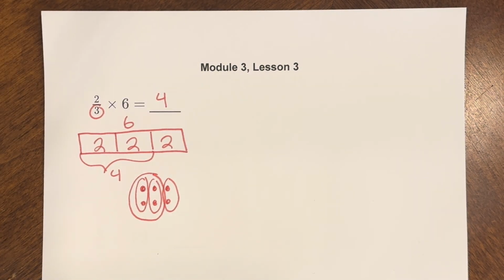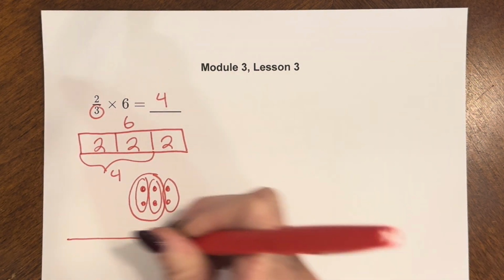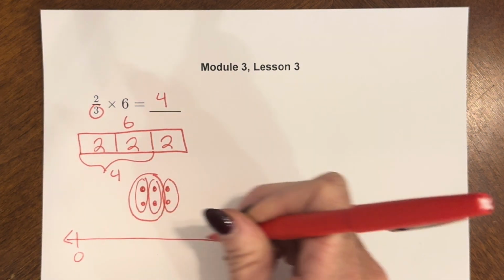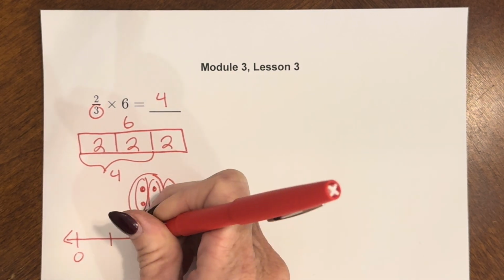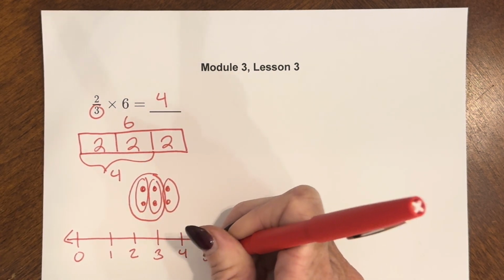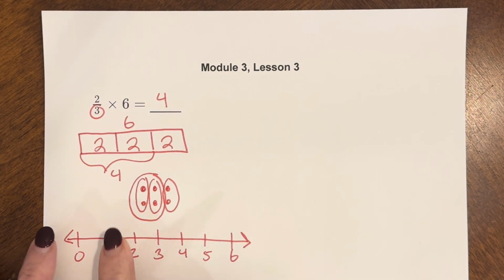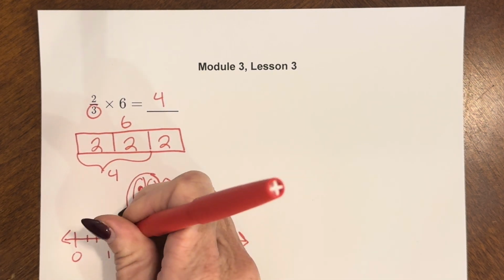I even could have used a number line for this. I could have had 6 on my number line. And each whole I'm going to cut into thirds.